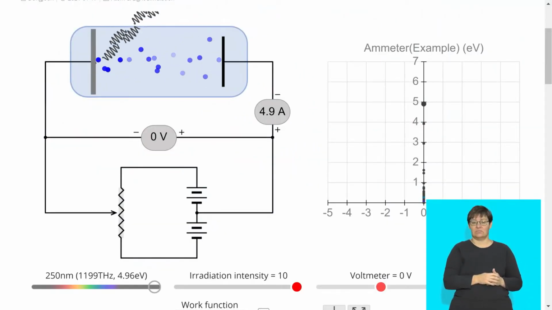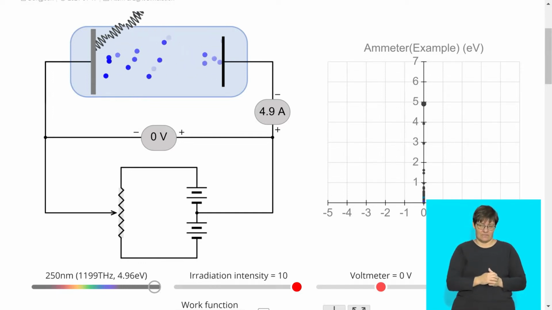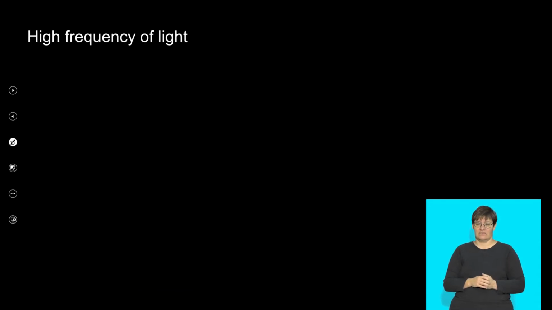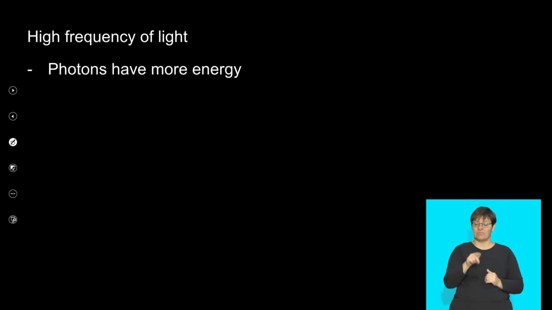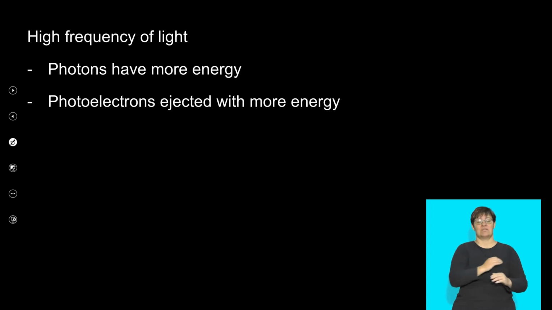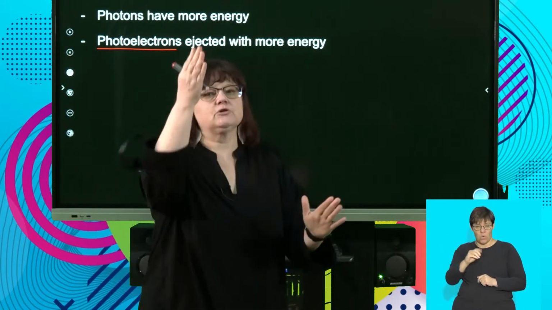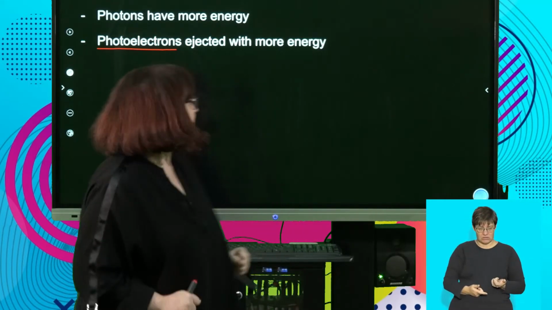We need to take what we've seen here and look at it in terms of the equation, okay? So let's go back here. When there's a high frequency of light, the photons have more energy. That's what we just looked at. The photoelectrons, don't get upset about that word. I've just spoken about electrons. They're still electrons. We just call them photoelectrons because a photon kicked them out. They haven't changed being electrons.